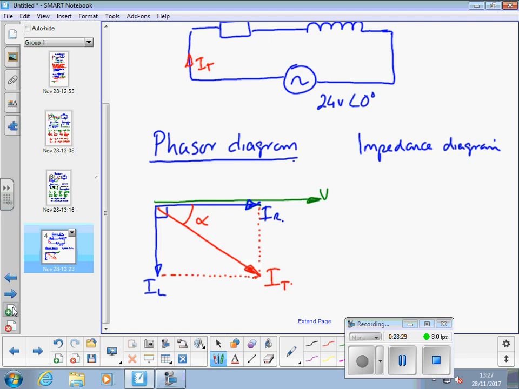The impedance diagram is that we've got R in ohms, horizontal, 0 degrees. We've got XL, 8 ohms, and R is 10 ohms.